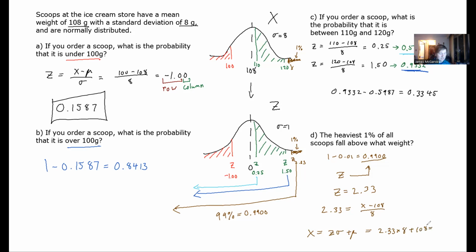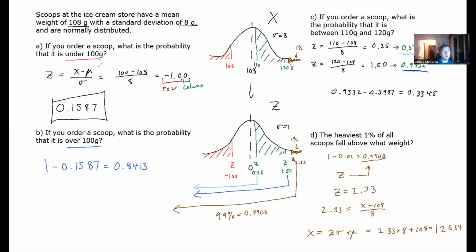And that's going to be 126.64. All right, so that is the cutoff. Any scoop heavier than that is in the top 1%. It's a scoop that's really very big compared to the other scoops you normally get.